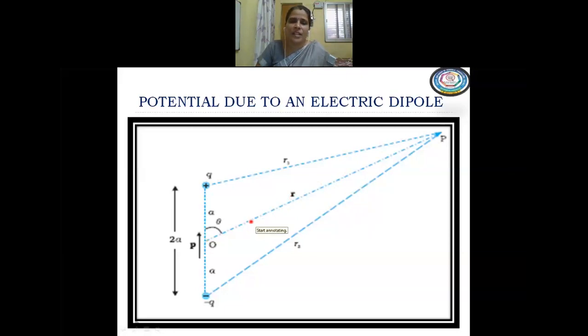Let R1 be the distance between the charge plus Q and the point P, and similarly R2 be the distance between the charge minus Q and the point P. Now let us derive the equation for the potential due to an electric dipole.